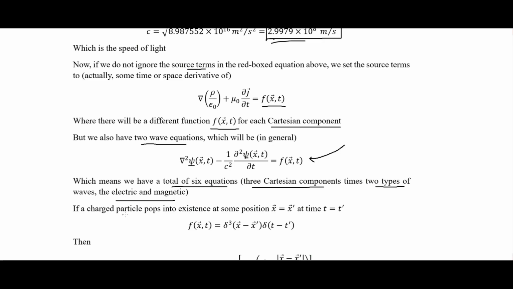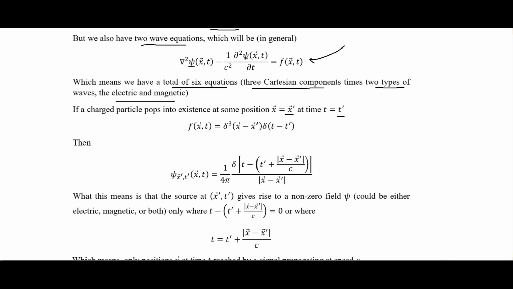So if a charged particle popped into existence at some position that we'll call x prime here, and at some time that we'll call t prime, a particle which we can model as a delta function, so our source terms will be this delta function here, then what we get is this right here for our field.